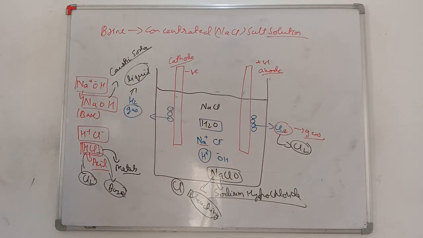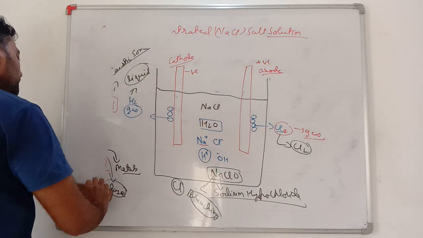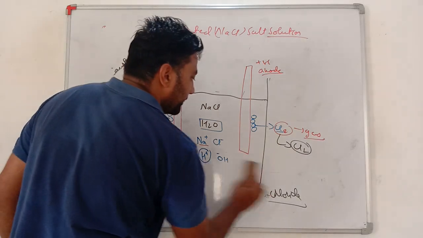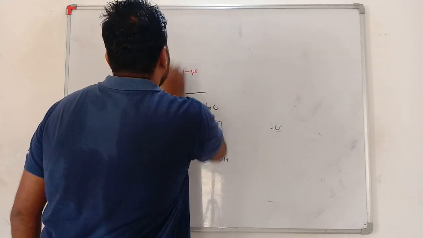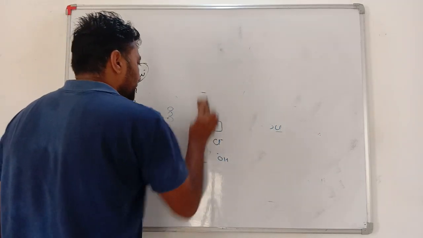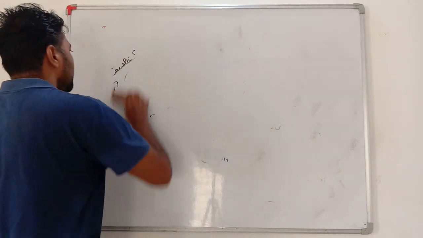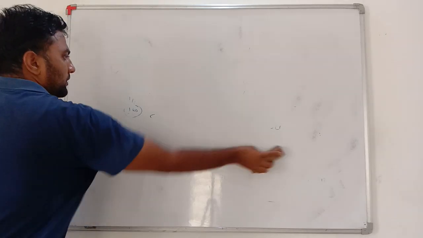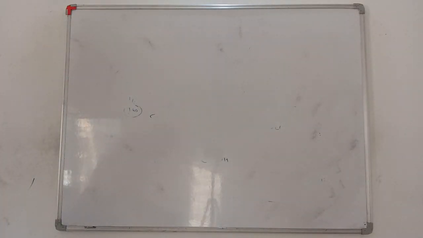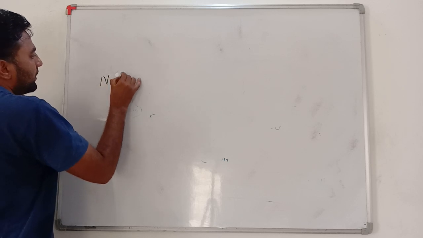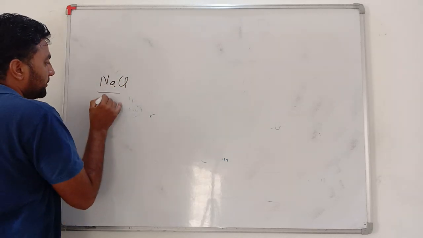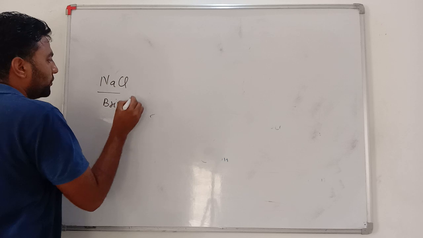Okay. So my dear student, along with this, there are also many other uses of sodium chloride or brine. We use sodium chloride or brine to get washing soda or baking soda. Very important. How? Now we will see. Brine, I am using the word brine, must be concentrated and cool.